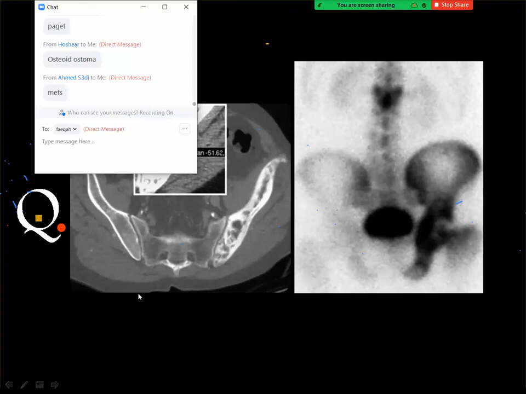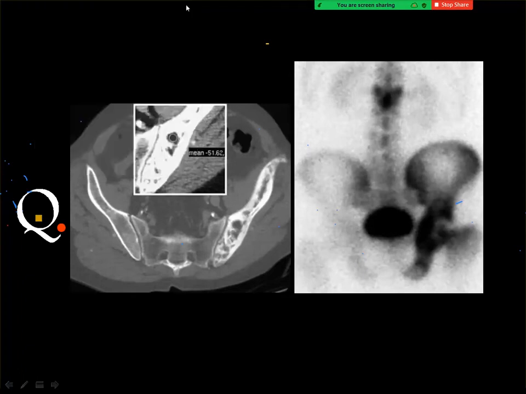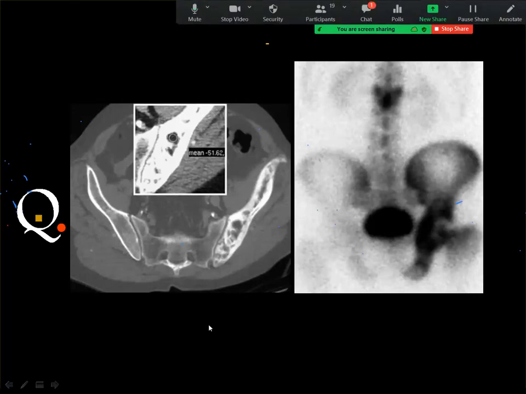Paget, osteoma, metastasis, osteoma. Yes, the right answer is Paget disease because number one, enlargement of the bone. Number two, heterogeneous texture of the bone, including sclerosis and osteolysis. Number three, the severe intense uptake on the bone scan, which is known as the super scan.